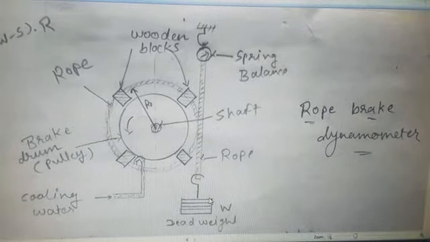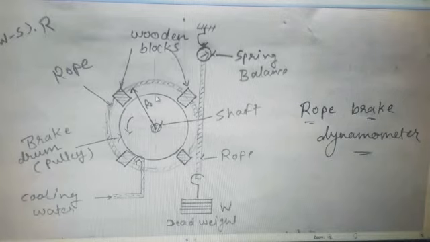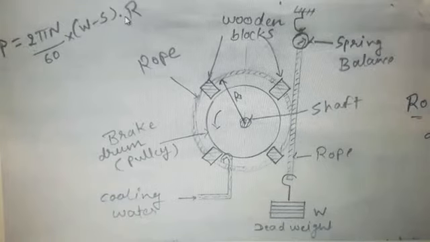So W and S, where S means spring balance, are known to us, and the diameter of the brake drum is also known. So we have the power formula: P is equal to 2 pi N upon 60 into (W minus S) into R.